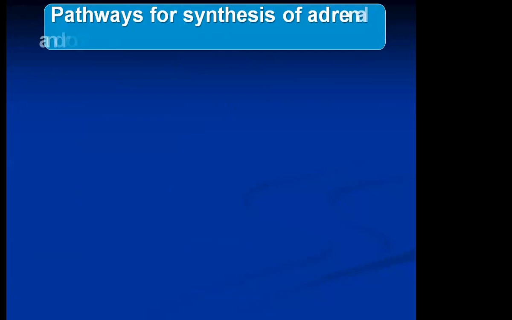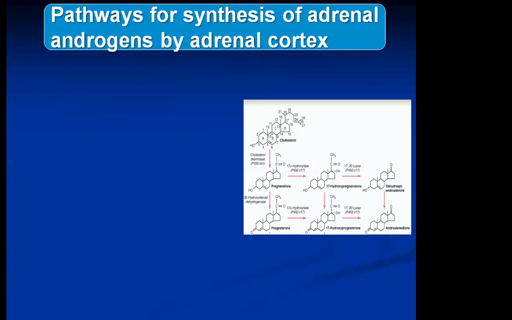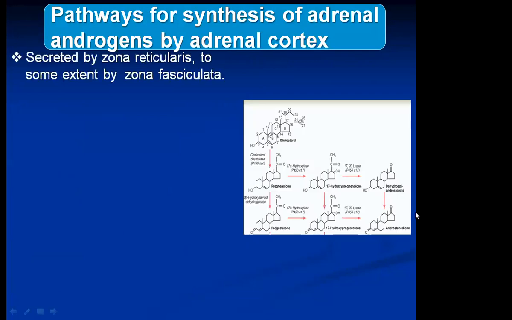Now, we had seen the pathway of synthesis for adrenal androgens in the last lecture as well. Just to revise quickly the steps of synthesis of these adrenal androgens: of course, we had seen that it is secreted mainly by the zona reticularis. So, what are the steps in the synthesis of adrenal androgens? Cholesterol is converted to pregnenolone. It's converted by the 17-alpha hydroxylase enzyme to 17-hydroxypregnenolone.